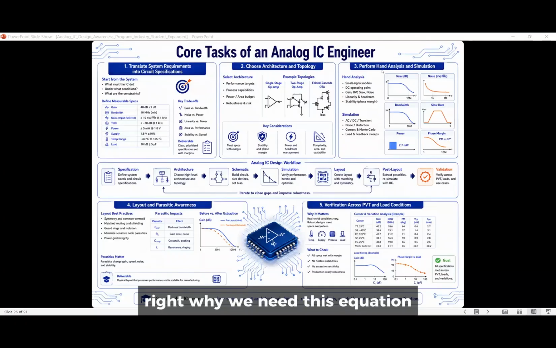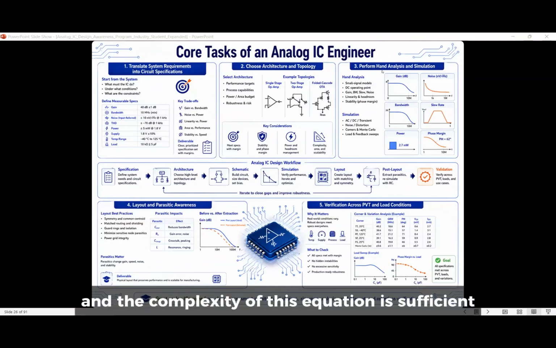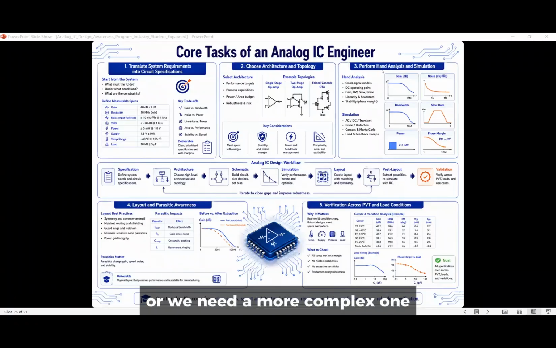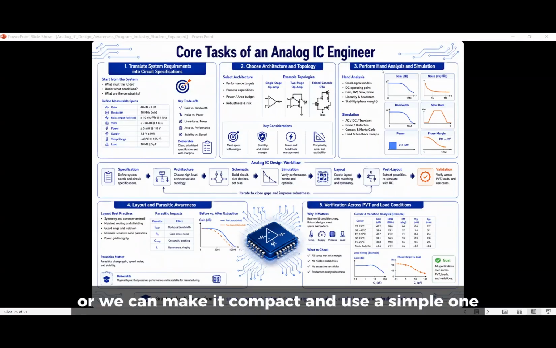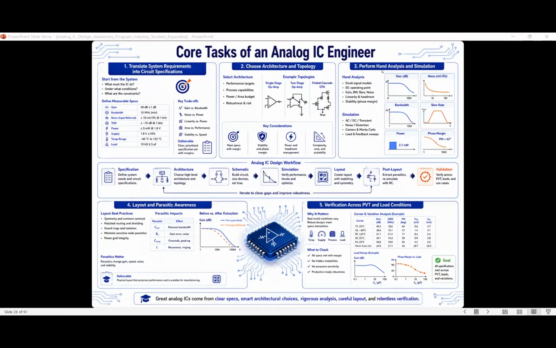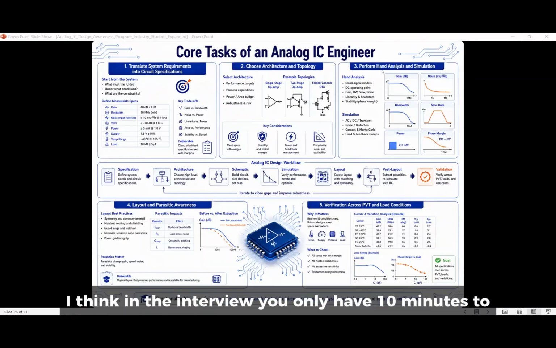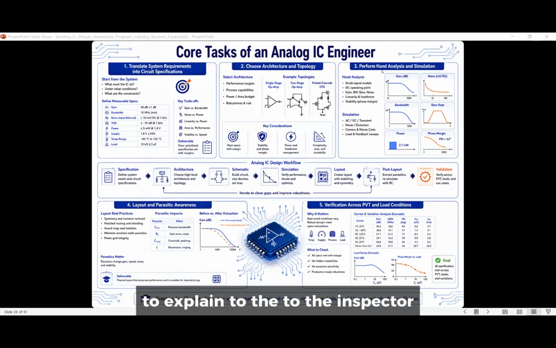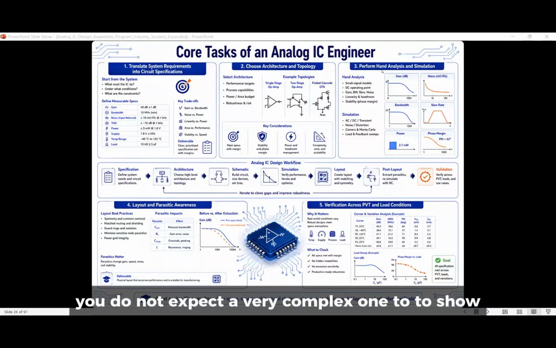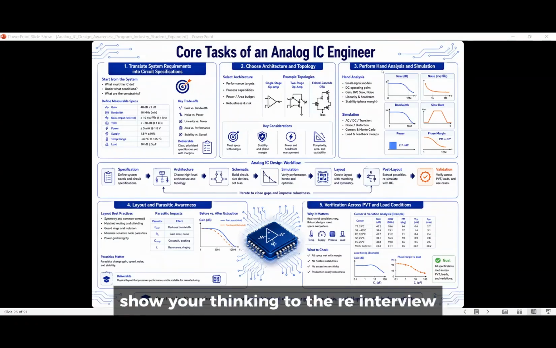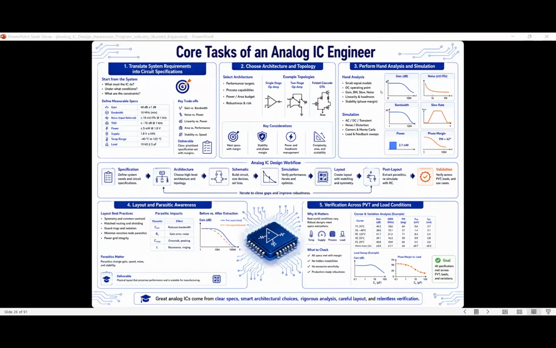Why we need this equation, and whether the complexity of this equation is sufficient, or we need a more complex one, or we can make it compact and use a simpler one, right? In the interview you only have 10 minutes to explain to the expert. You do not expect a very complex one to show your thinking to the expert.